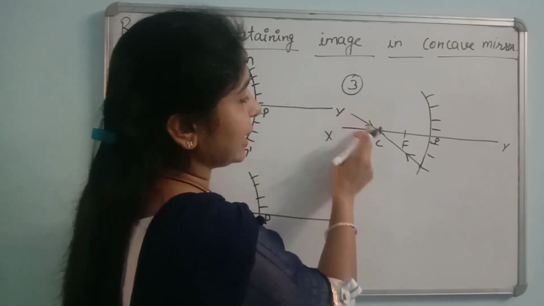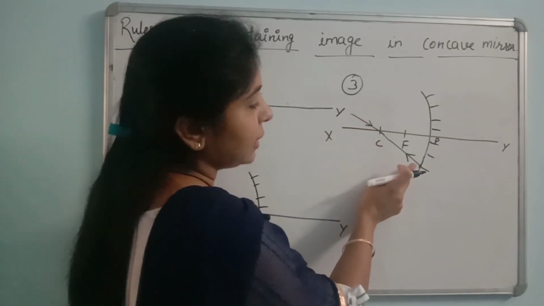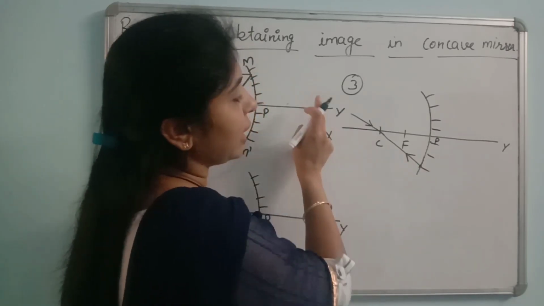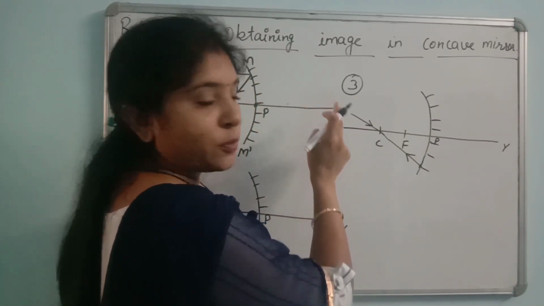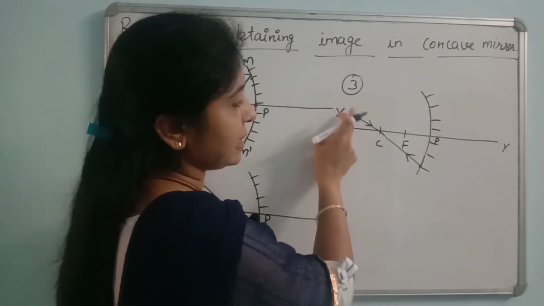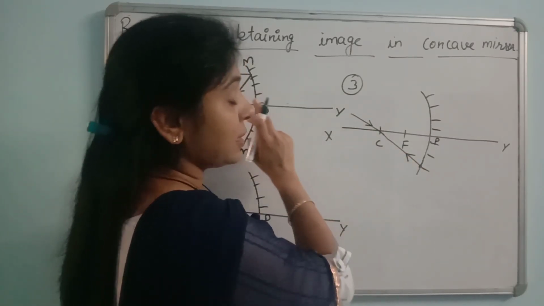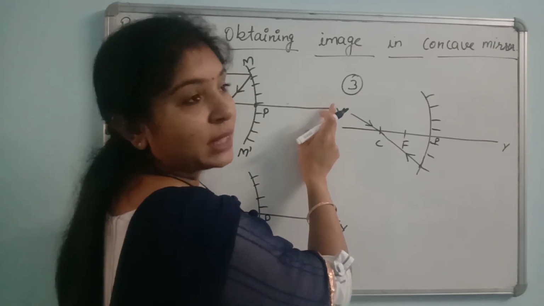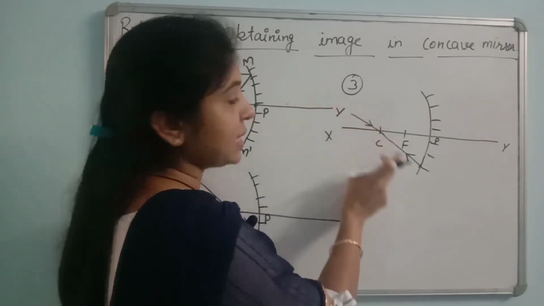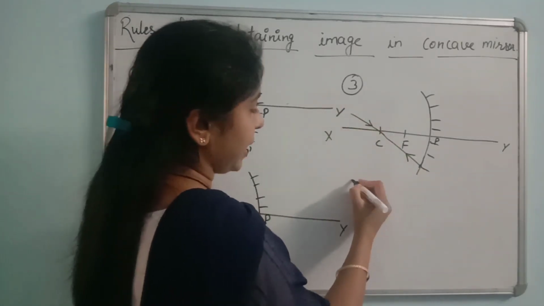If any ray of light passes from the center of curvature, then after reflection it will again pass from the center of curvature, means it will go in the same direction.